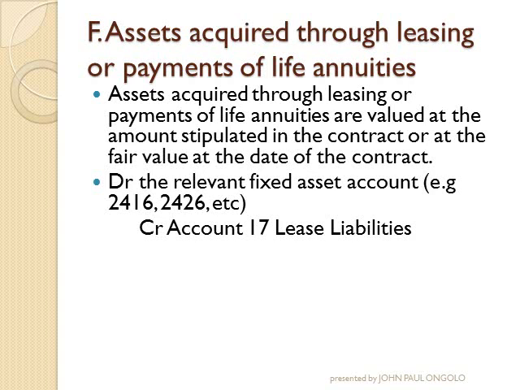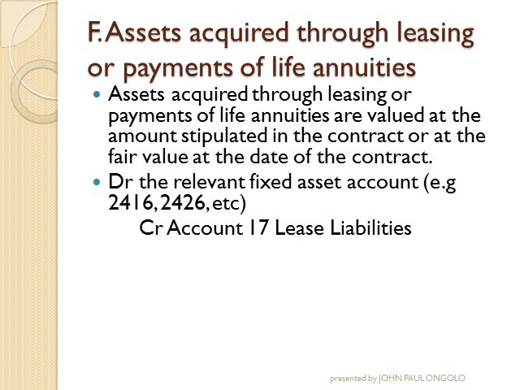Account numbers with 4 digits and ending with 6 are used to record assets acquired through leases. So fixed asset accounts with 4 digits ending with 6 are used to record fixed assets acquired through leases.